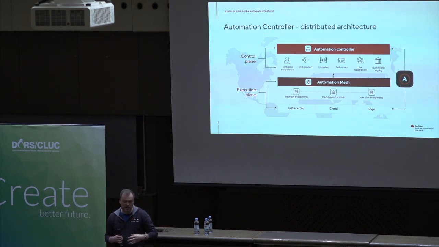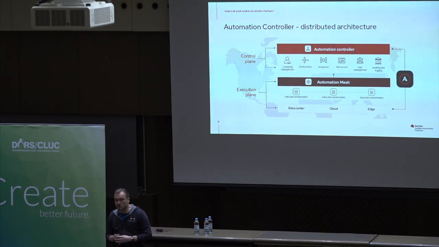And the execution plane is the place where we run our automation. And now it might be separated. So we can, for example, create a virtual machine. Now this is the Ansible Automation Platform component which is called an execution node. And we can place this execution node as close to our managed automated system as possible.